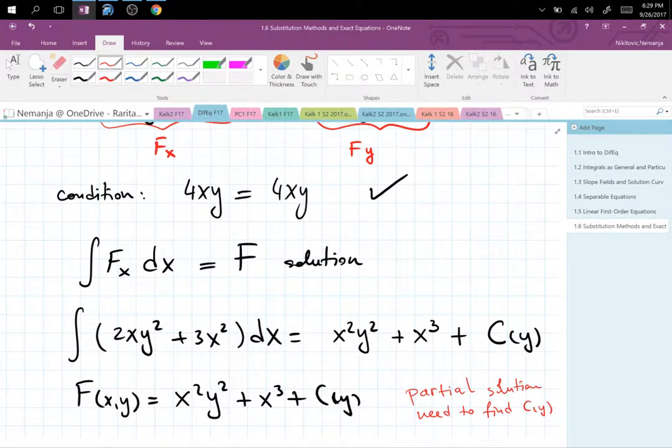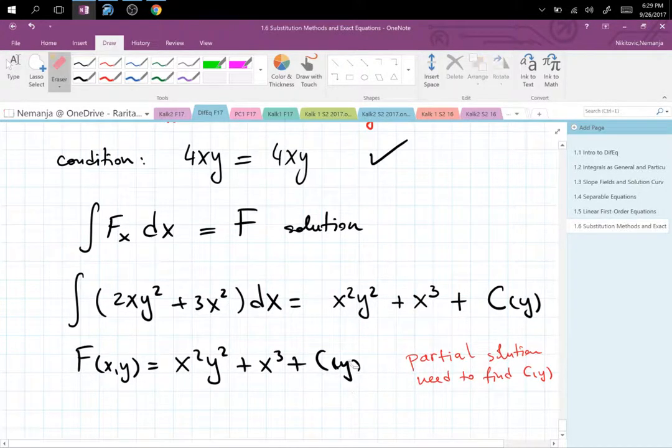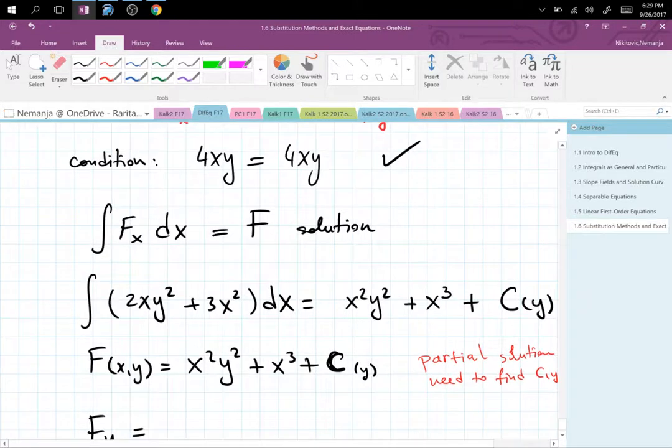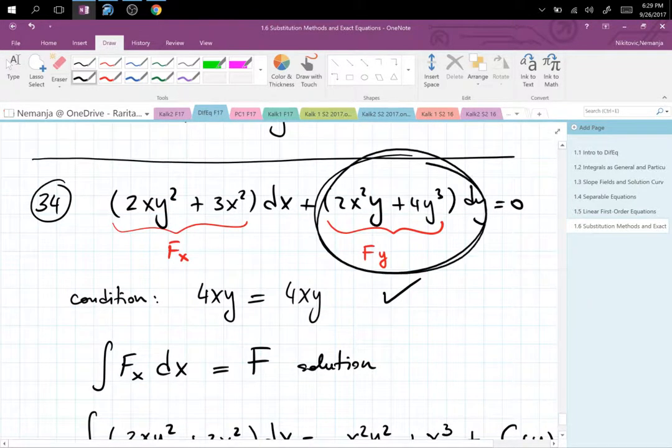So observe that I already have a partial solution. Right? I have a partial solution here. And now, what I can do is I can find the partial derivative with respect to y looking at this line and equal it to this partial derivative here. That will tell me what c of y is.